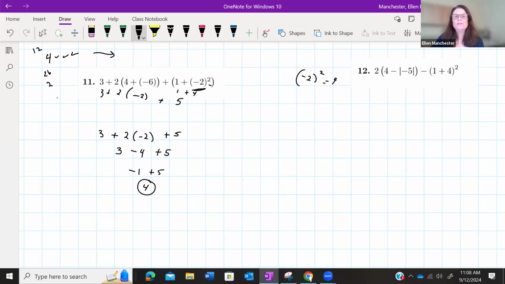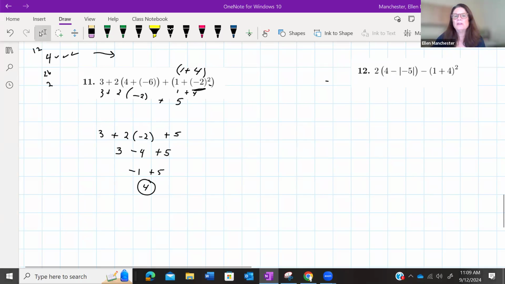Even within parentheses, you always do the same order of operations: exponents, multiply, divide, and so on. Where did we get 5? Oh, the 5 came from this -2 squared is 4. Oops, so this is 4 plus 1. That's where the 5 came from. So the squared is only on the -2. Even within parentheses, you always do order of operations.